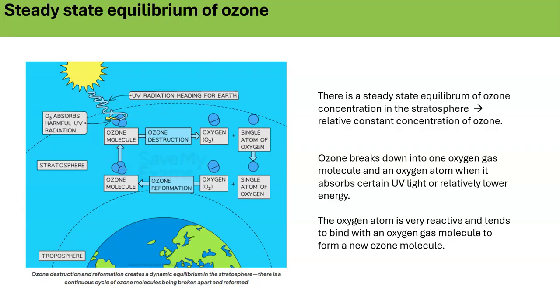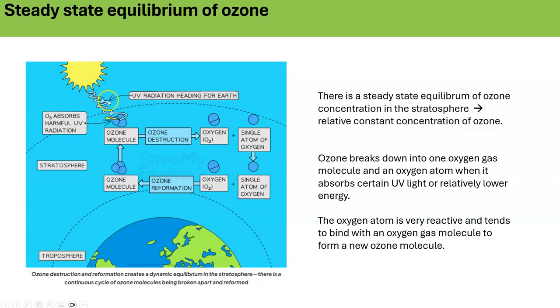So ozone forms in the atmosphere due to interactions between UV light and oxygen molecules. And there's been a steady state equilibrium of the ozone concentration in the stratosphere, meaning that the concentration of ozone is basically relatively constant over time. That's because there's a balance between ozone destruction and ozone formation in the stratosphere.